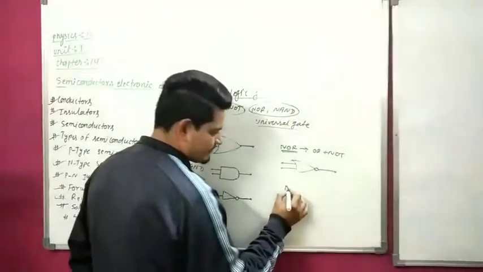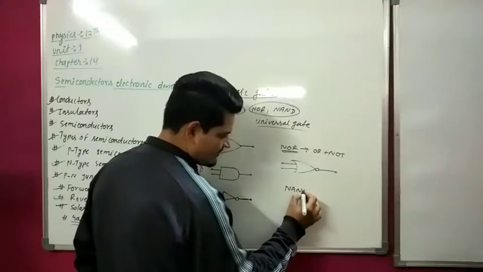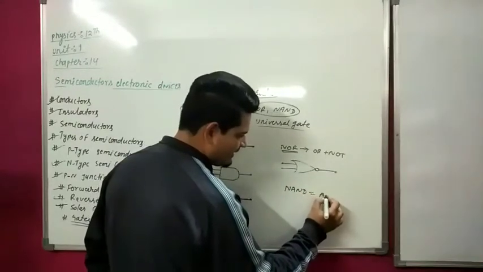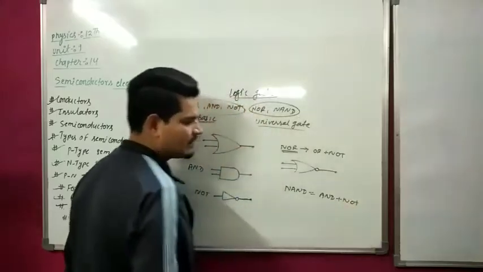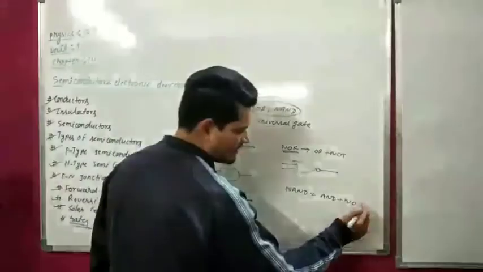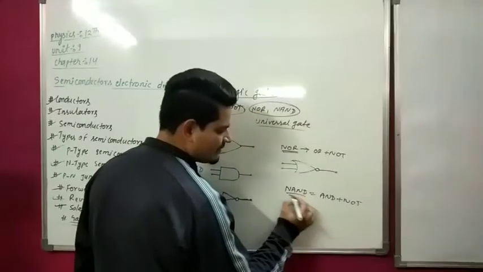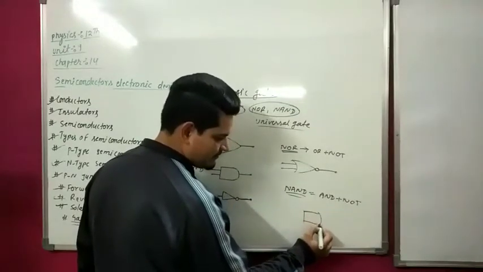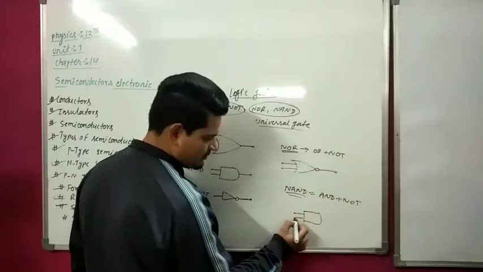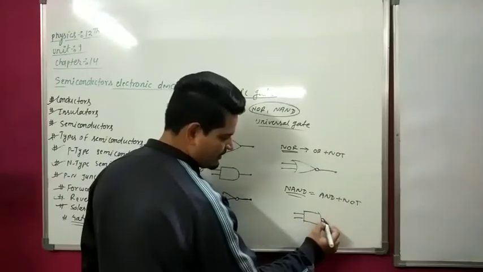The NAND gate consists of an AND gate plus a NOT gate. So AND gate plus NOT gate is called a NAND gate. So this is our AND gate, with 2 inputs, and this is our NOT gate.